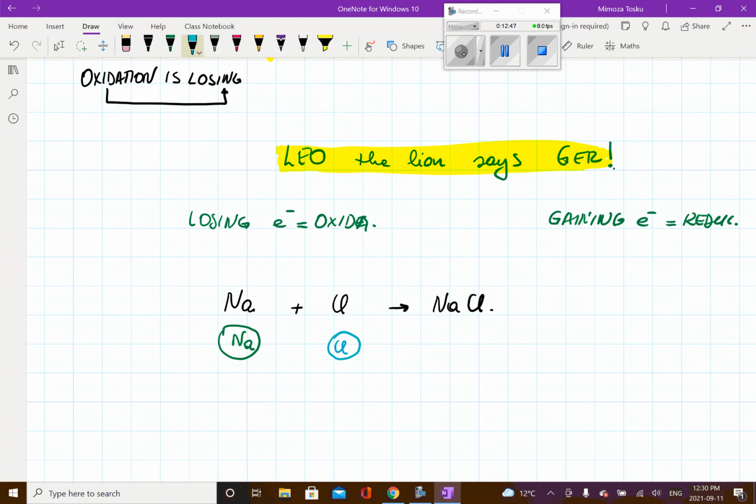When we have two entities with opposite charges, one of the laws of electricity is that opposite charges will attract each other. So sodium plus will be attracting the chlorine that is negatively charged, and together they form what is known as sodium chloride, or the table salt.